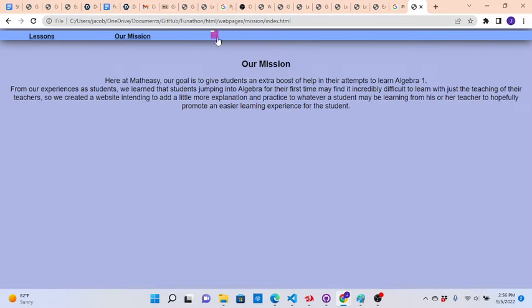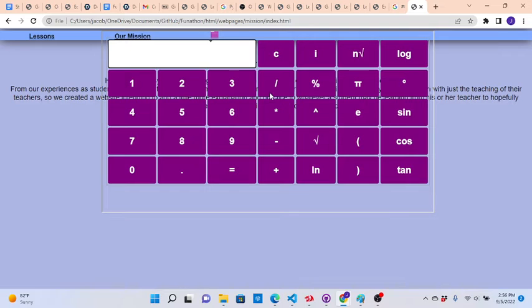We have a built-in calculator. Our calculator can do very simple problems such as multiplication, subtraction. It can do all of that, but it also has some very cool powers.